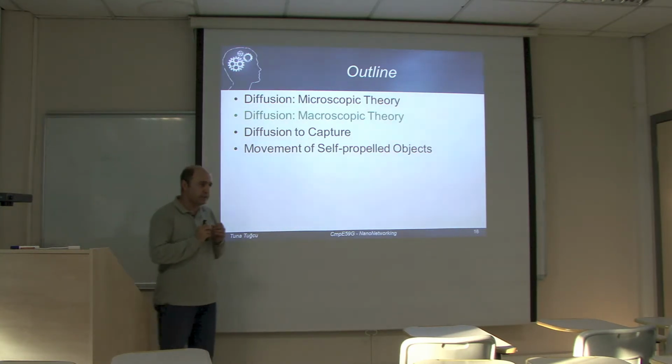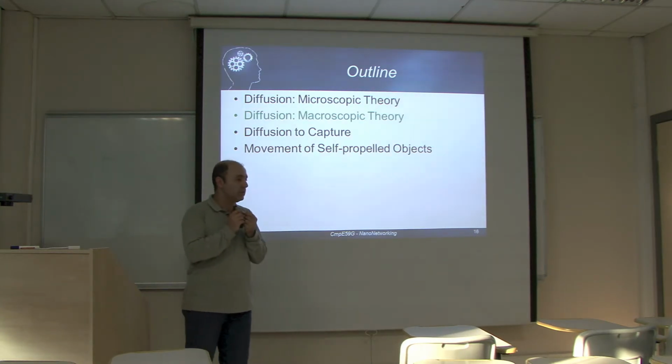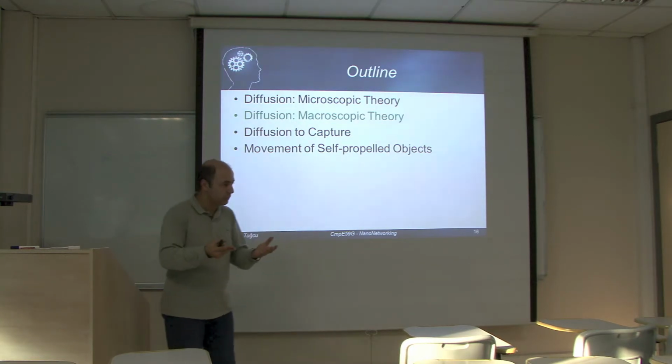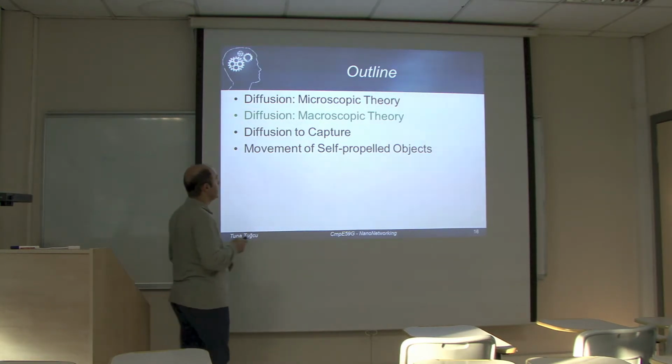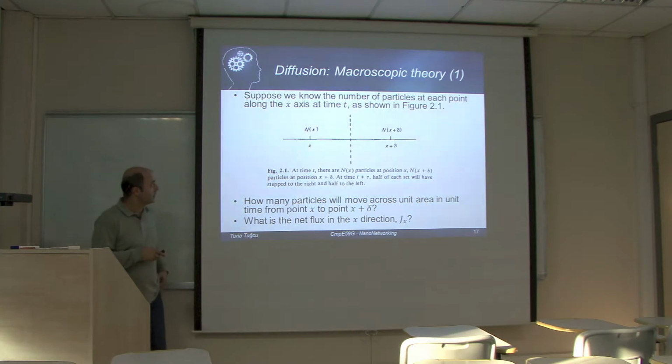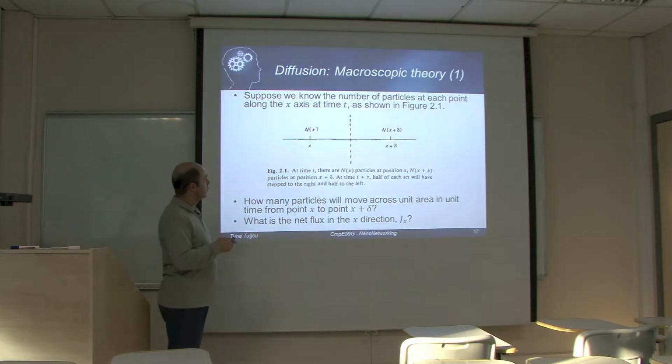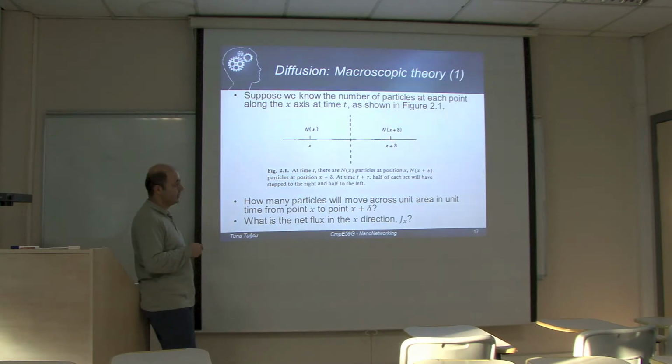Up to now what we did was we looked at the individual elements, individual molecules. Now let me look at a group of molecules. What happens with a group of molecules at the larger scale? So consider a position x, again in the one-dimension case, and another position that is delta, or one step to the right.